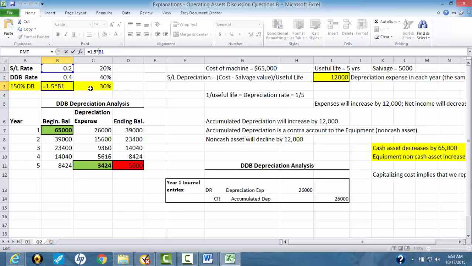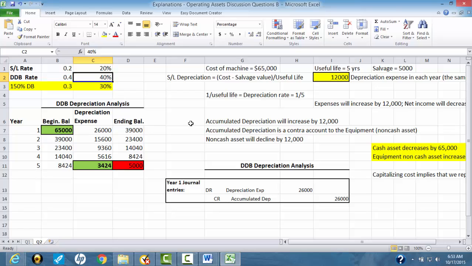Now, 150% of 20% is 30%. But the question is double declining balance method. So we double the straight line rate, we get 0.4, which is 40%.